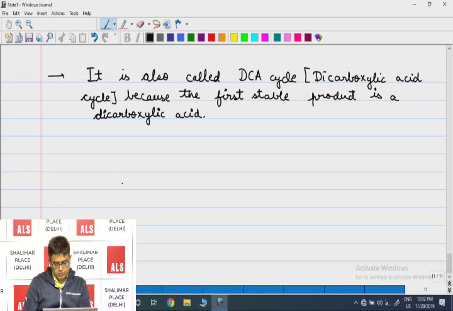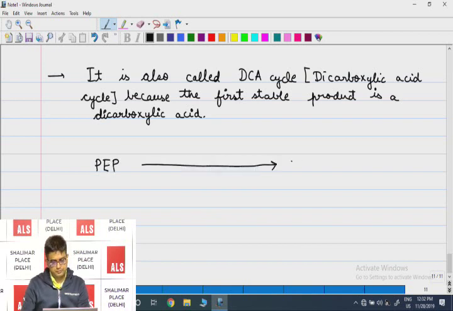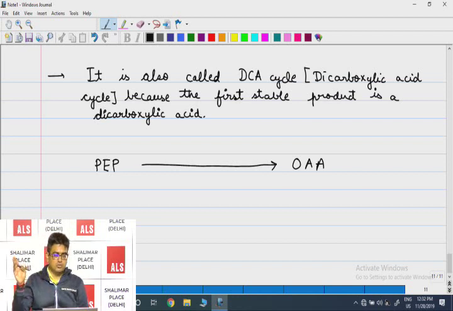Phosphoenol pyruvic acid, PEP, is converted into oxaloacetic acid. This reaction is equivalent to the Rubisco reaction, ribulose bisphosphate carboxylase. So we call it Rubisco, RuBP carboxylase.